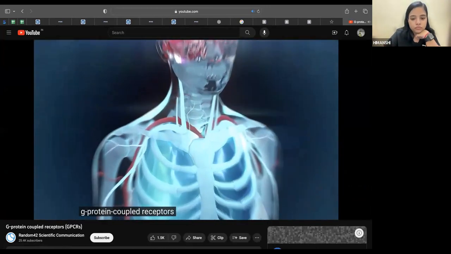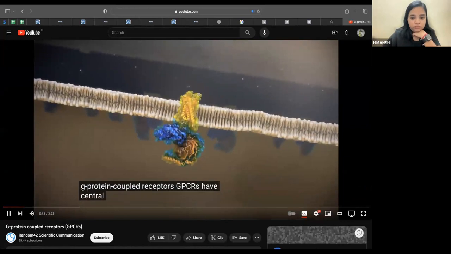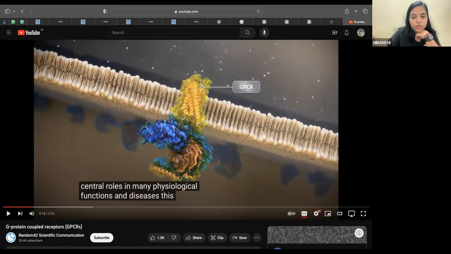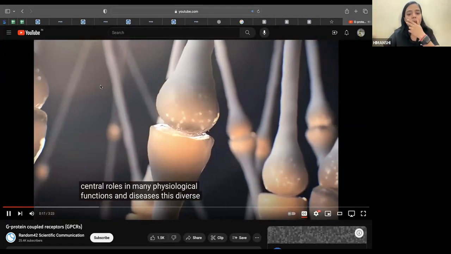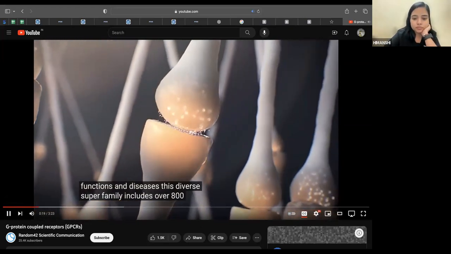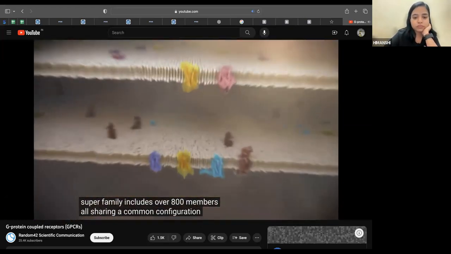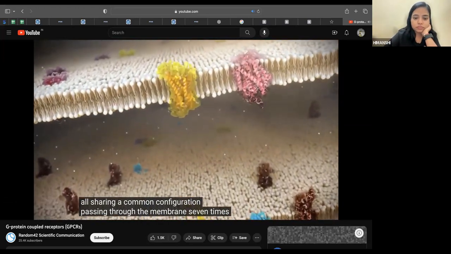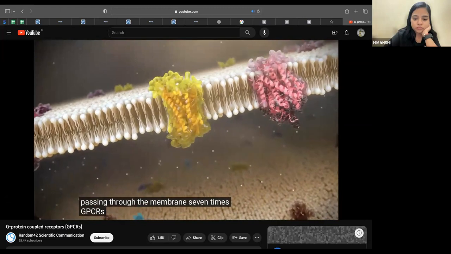G-protein coupled receptors, GPCRs, have central roles in many physiological functions and diseases. These are the 7 transmembrane helices, and this is the membrane part of a cell. This diverse superfamily includes over 800 members, all sharing a common configuration, passing through the membrane 7 times. GPCRs are present on all cells in the body.